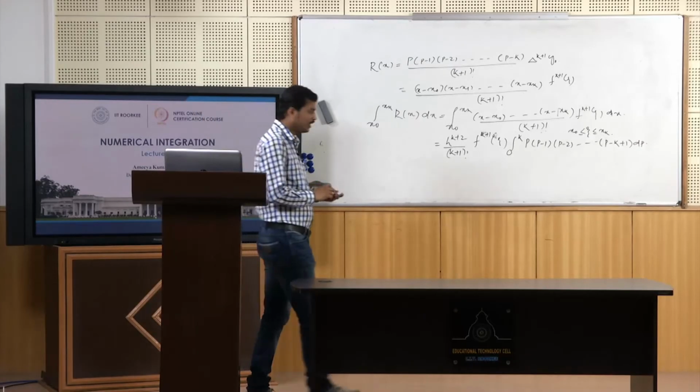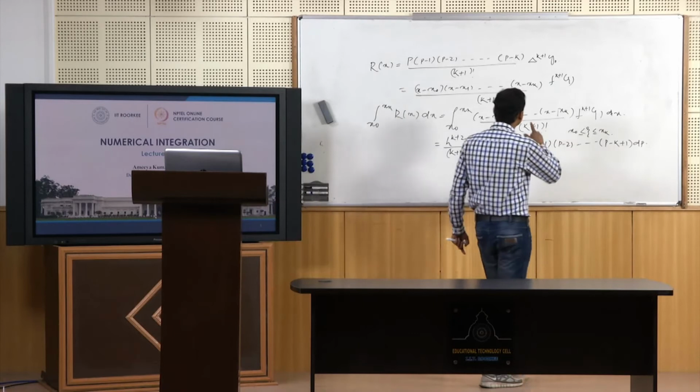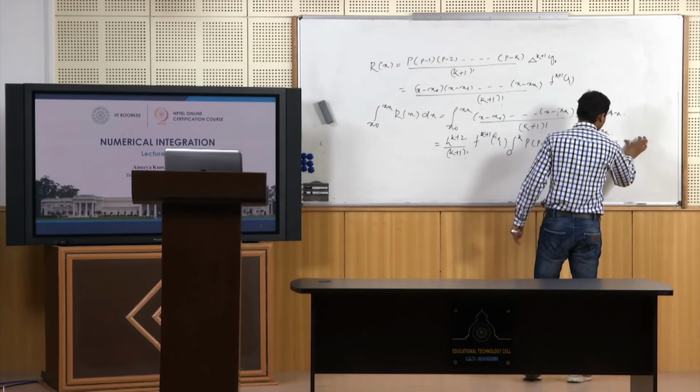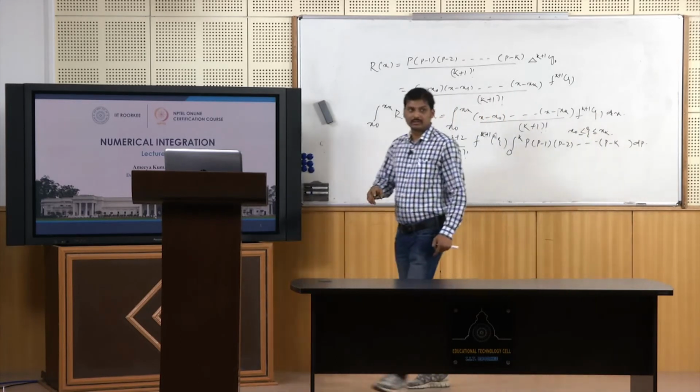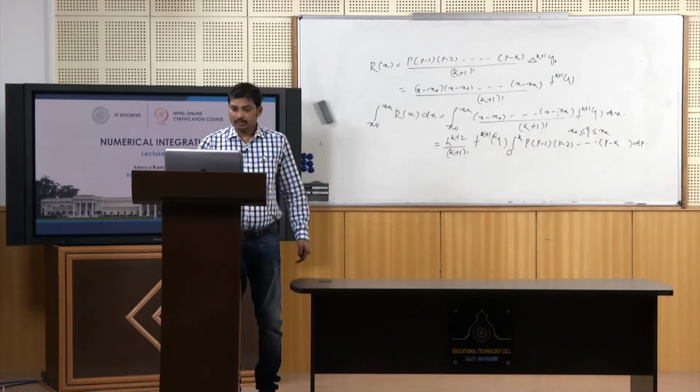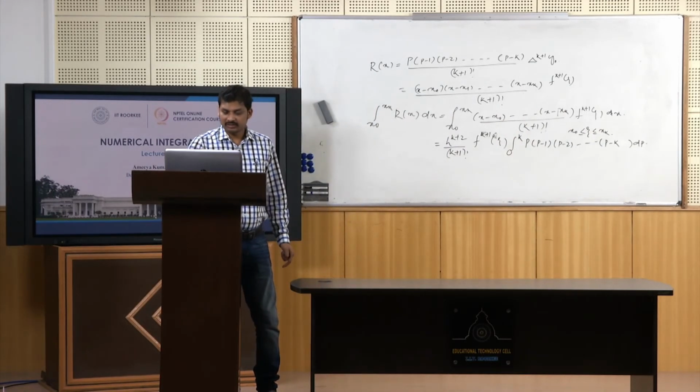Sorry, this should be p minus k up to that one, since x minus xk is there. So, this is the integration formula.